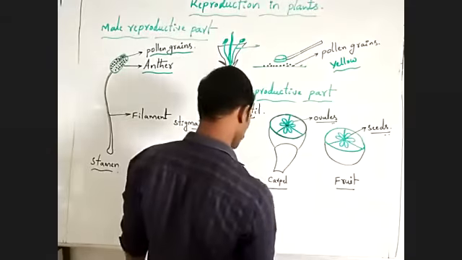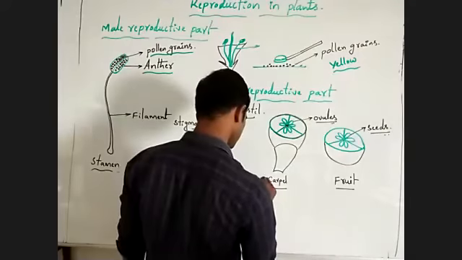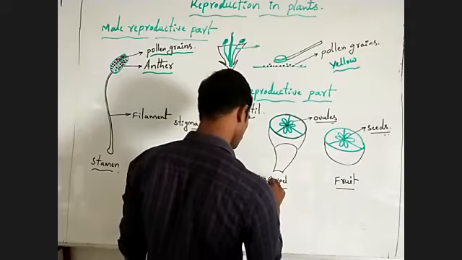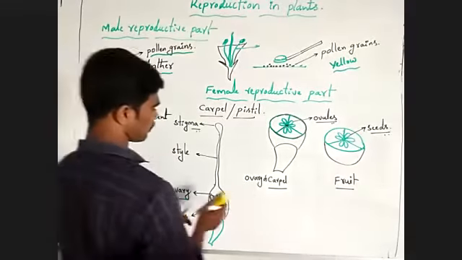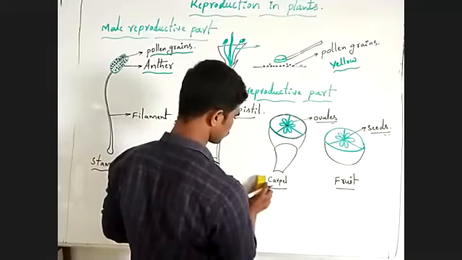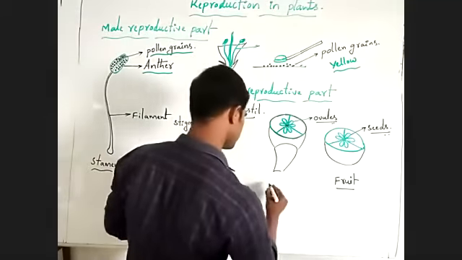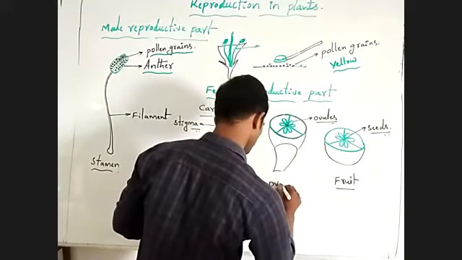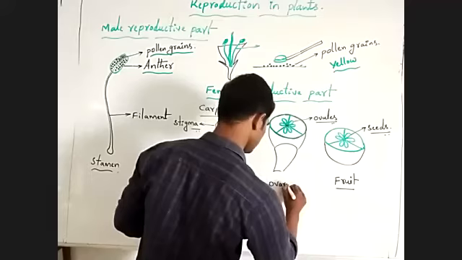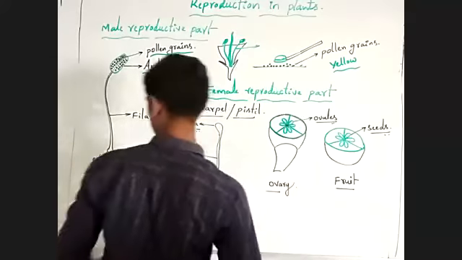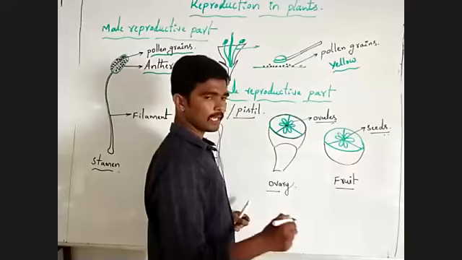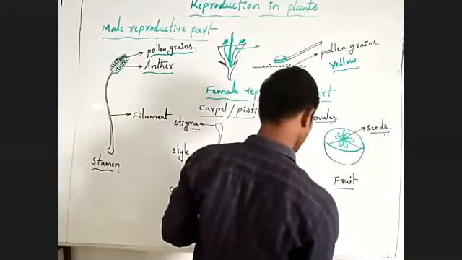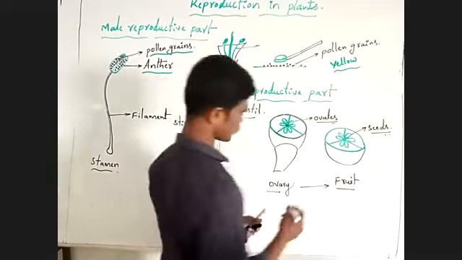Carpel means the ovary of the carpel, we can say directly ovary. After the fertilization process, the ovary becomes fruit.